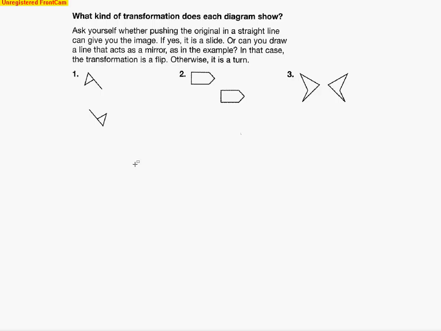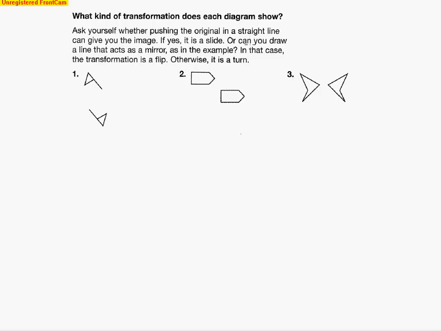That would be a translation. If I put a mirror right across, does the item just flip over? No, it doesn't. If I drew a line straight across like this, you can see it would not be exactly the same. This part of it, almost like a flag, should be straight down here if we flipped it over. So that's not it either.